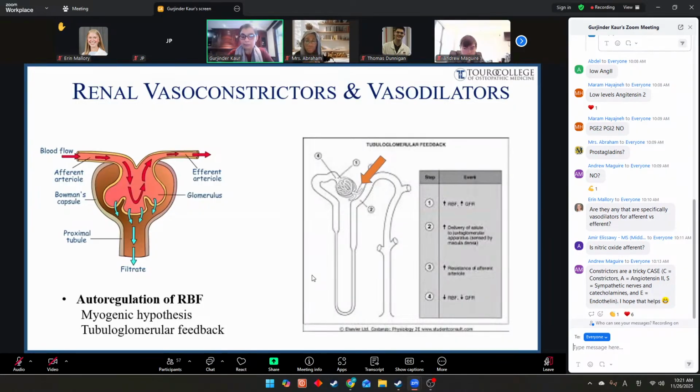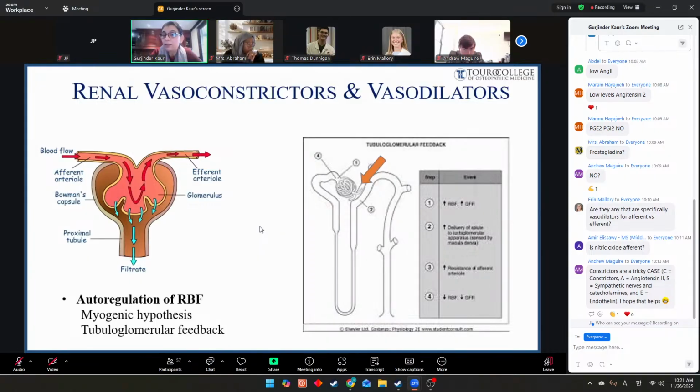Yes, Aaron? Sorry, I just have a quick question with hypertension. Would hypertension cause increased blood flow and increased filtration, and you would essentially lose too many solutes, or is that the wrong understanding? So how does the kidney damage occur? Ideally, if there is more pressure, yes, it can bring high GFR.